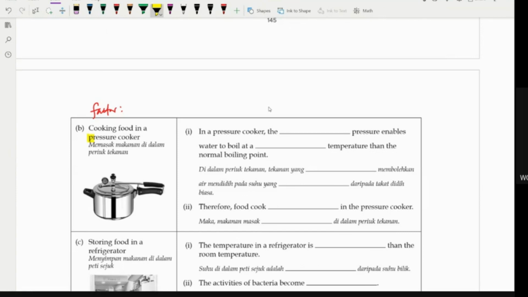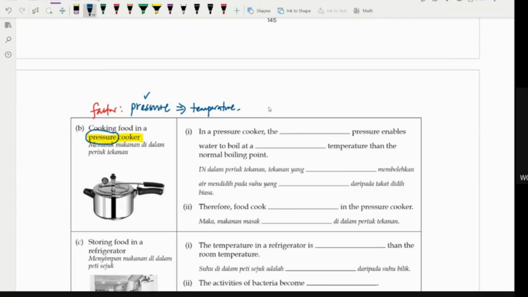Okay, so pressure cooker. The factor now is the pressure. Pressure indirectly will affect the temperature, but the main one will be pressure. Because here you see the pressure cooker, that's why the factor affecting now will be the pressure.